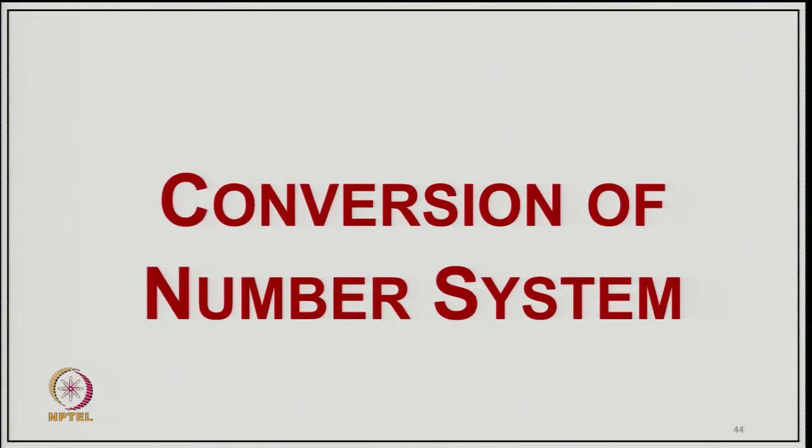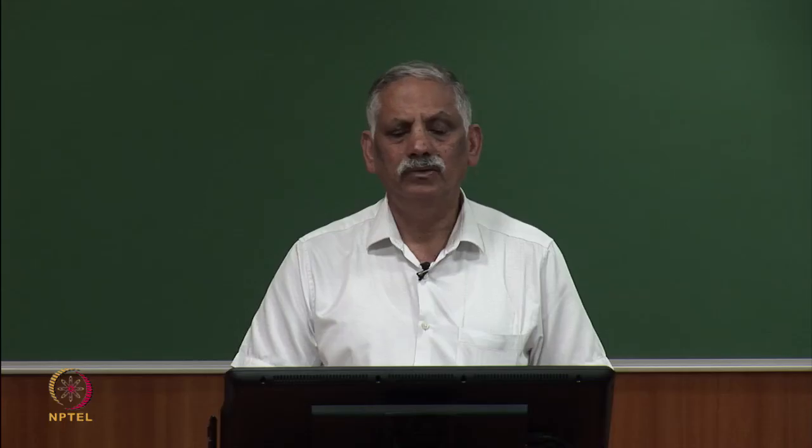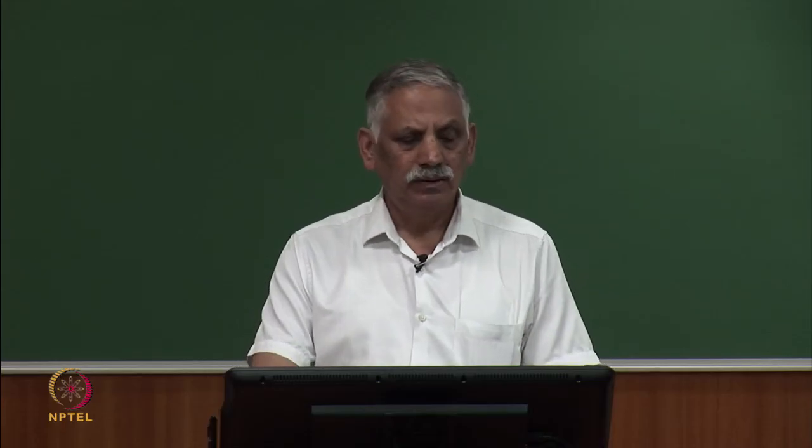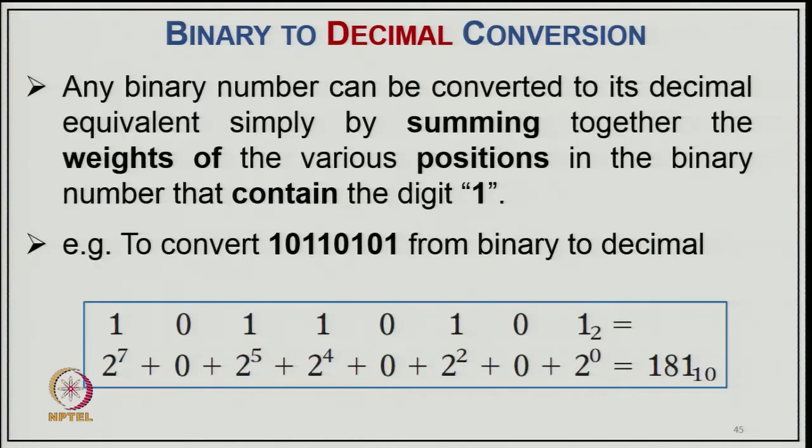And now, coming to the conversion of number systems, from one type of number to another. Any binary number can be converted to its decimal equivalent simply by summing together the weights of the various positions in the binary number that contain the digit 1.